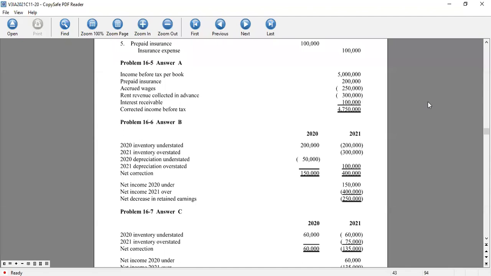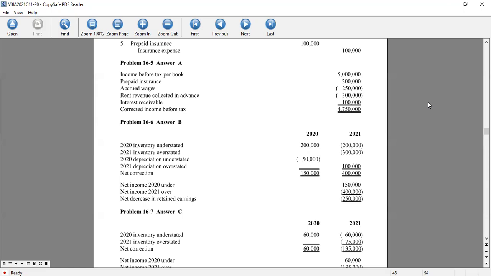So we now begin with income before tax per book equal to 5 million. Then we add prepaid insurance end is 200,000 and accrued wages of 250,000. We have now your accrued wages.